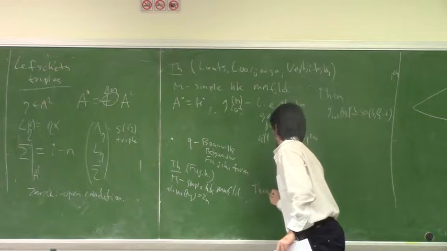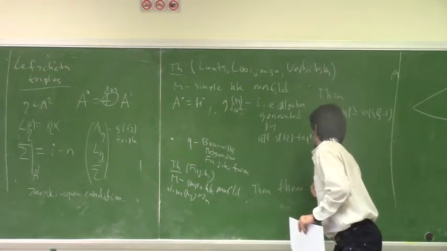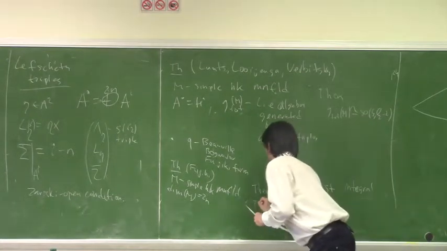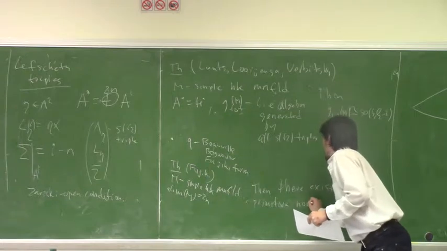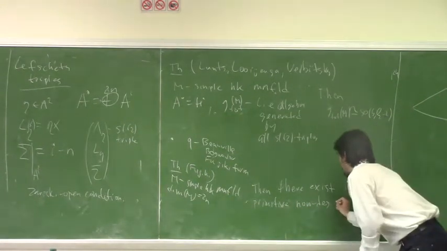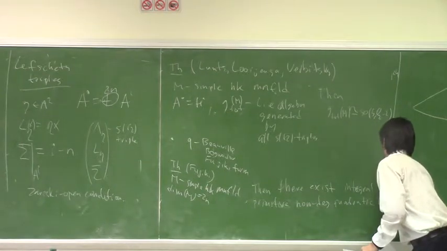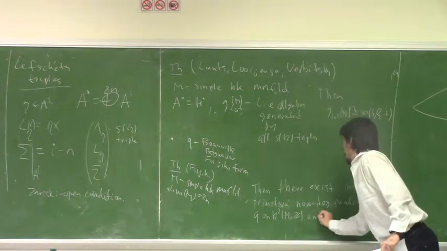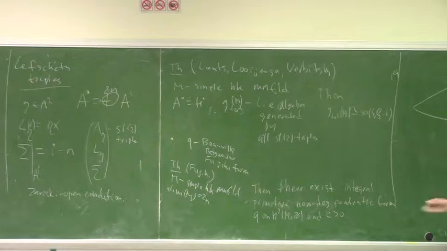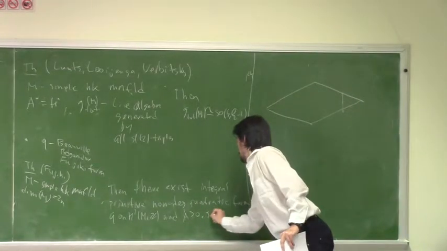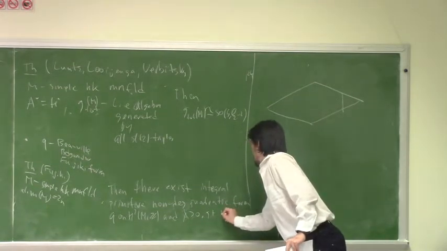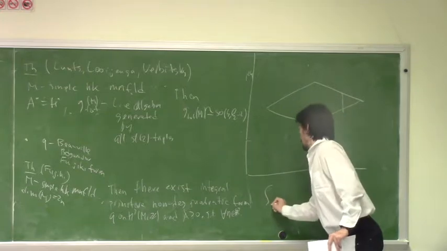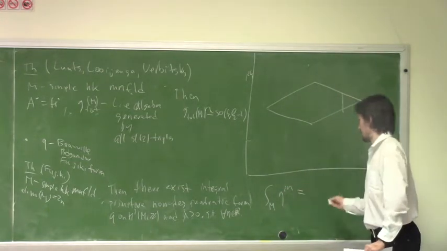Then there exists an integral, primitive, non-degenerate quadratic form Q on H2(M) and a rational constant C, say lambda, such that for any two-form eta we have the following: the integral of eta to the n is equal to lambda times Q of eta to the n.